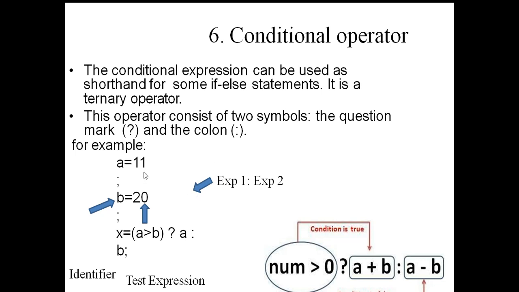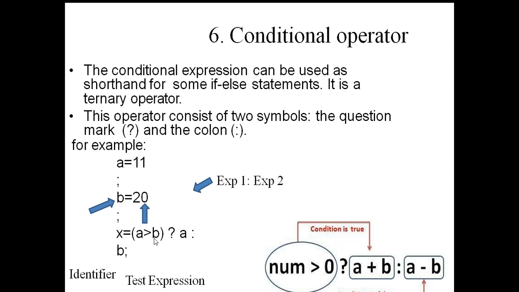So you can observe this example, where you have two variables a equal to 11 and b equal to 20, and you are using one expression, that is assignment: x is assigned with the expression a > b ? a : b. So you are comparing a and b.